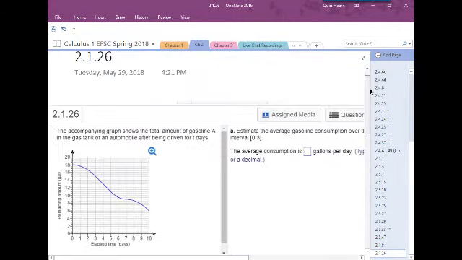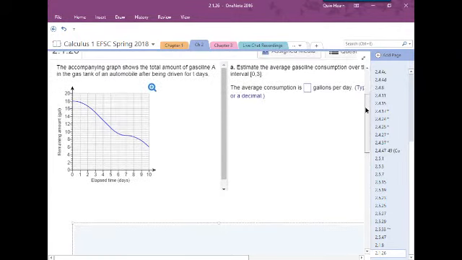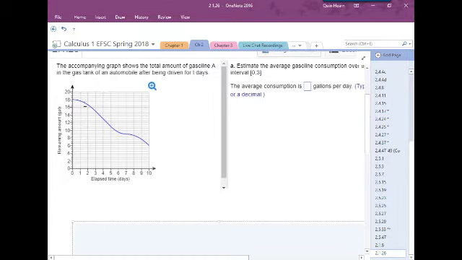Okay, so first of all, what does average gasoline consumption mean? So we have a chart here that tells the remaining amount in gallons and the rate of time elapsed in days.